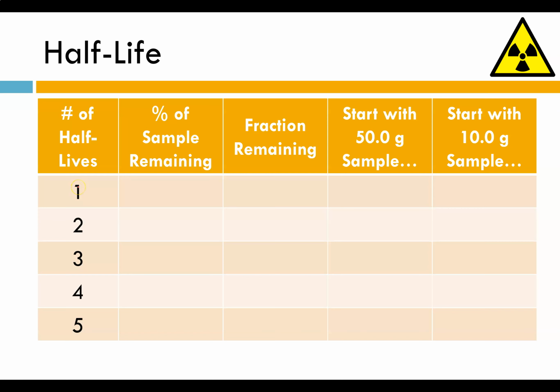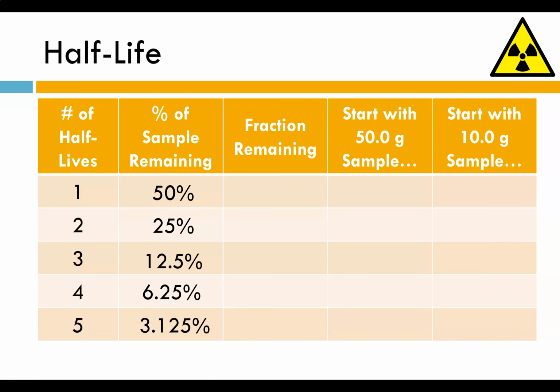So after one half-life passes, we will have lost 50% of the sample, so 50% will remain radioactive. After 2 half-lives, we've lost another half, so 25% of the sample remains radioactive. 3 half-lives, 12.5. After 4 half-lives, 6.25% of the sample is still radioactive, so on and so forth.